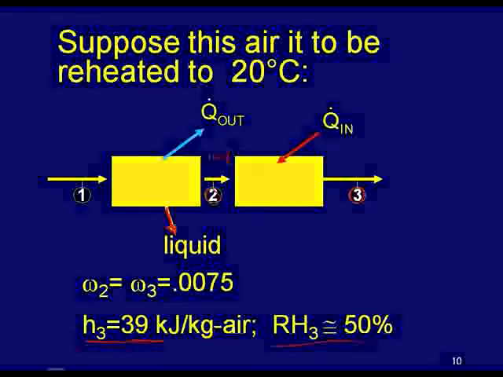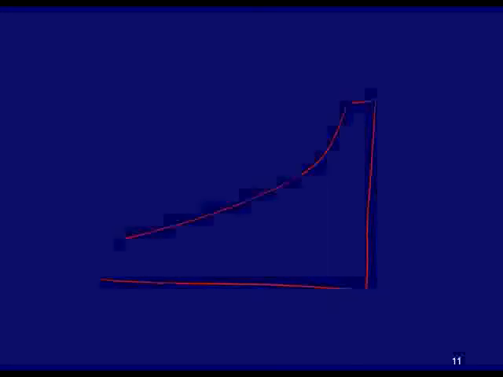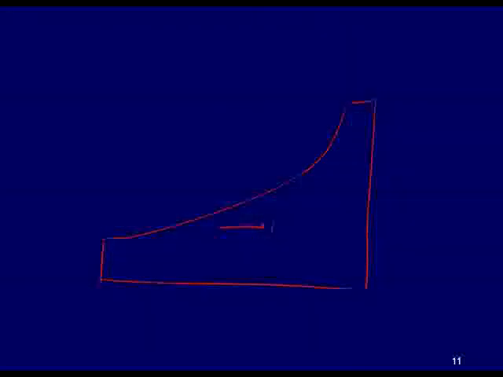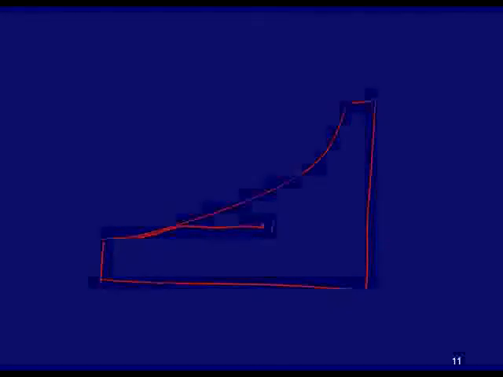Let me show you how that whole process would look on the psychrometric chart. Here's your psychrometric chart. We started with our air here at state 1. We cooled it to saturation, cooled it down to 10 degrees along the saturation line, and now we're at omega 2, which is equal to omega 3.